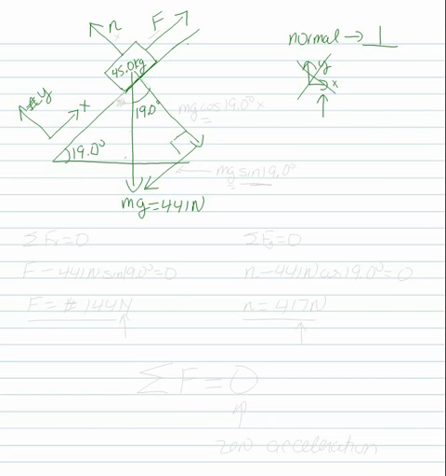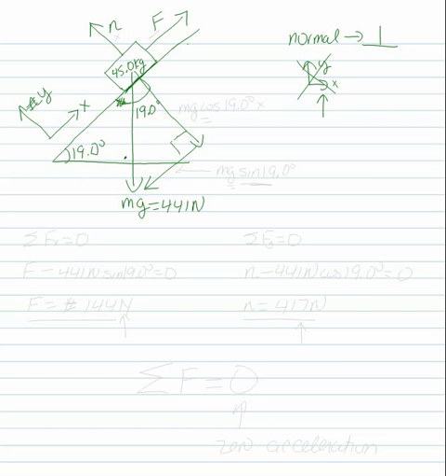If this is a right triangle, this has to be 90 minus 19 here. Well, if this is a right angle, and that's 90 minus 19, that has to be 19. No matter how you look at it, the angle between the weight and the y component is always the angle of the incline.